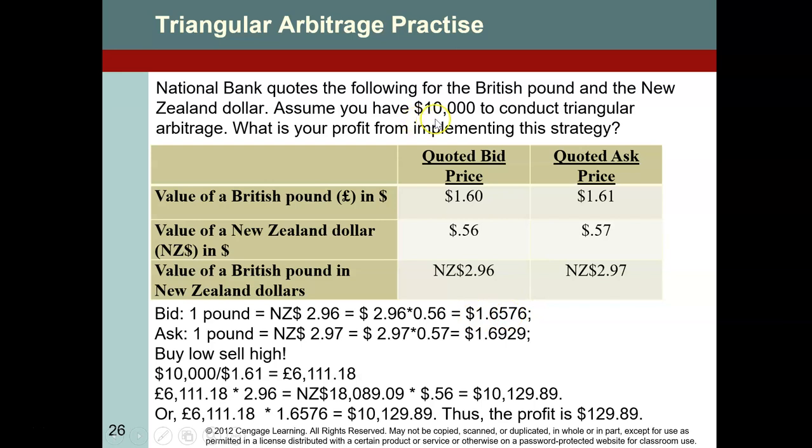Okay, if we have 10,000, first we purchase from the low price, so we use this 10,000 divided by 1.61, so we have 6,111.18 pounds.